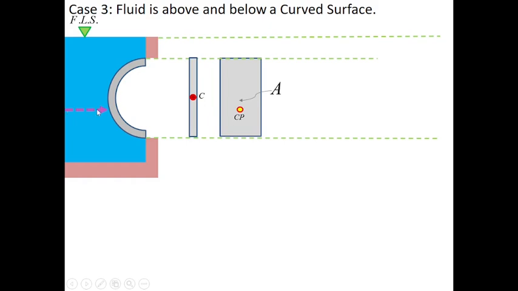This is the horizontal component of the hydrostatic force, which is F1, acting at the center of pressure. And this is the centroid, and from the centroid up to the free liquid surface, that is HC. We consider the specific weight of the liquid. We can then find F1 magnitude equal to the specific weight of the liquid multiplied by HC multiplied by area.